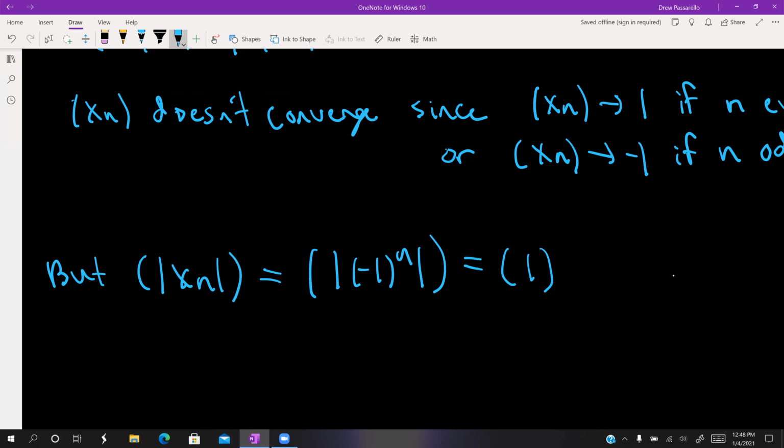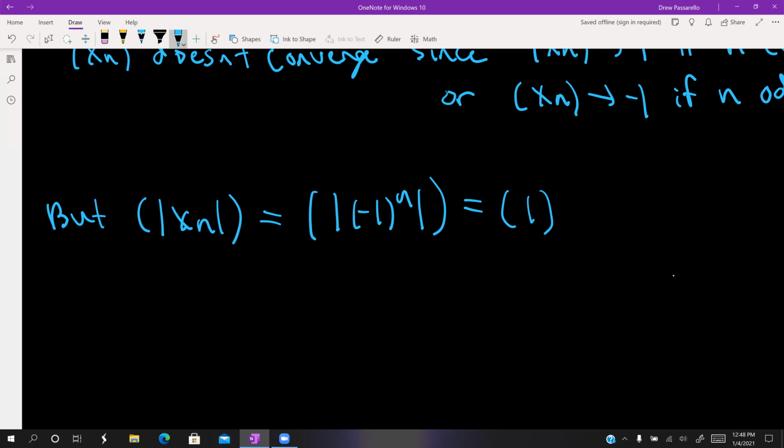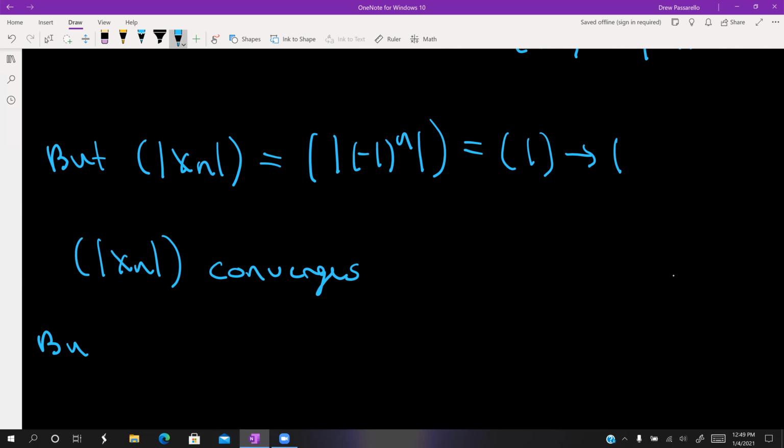So this is really the sequence of 1s. And the sequence of 1s is a constant sequence, so it converges to 1. So we have that the sequence of absolute values of xn converges, but the regular sequence xn does not converge.